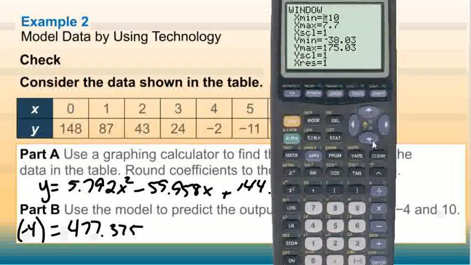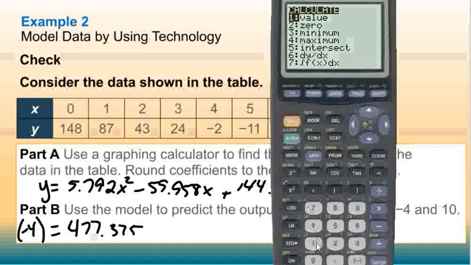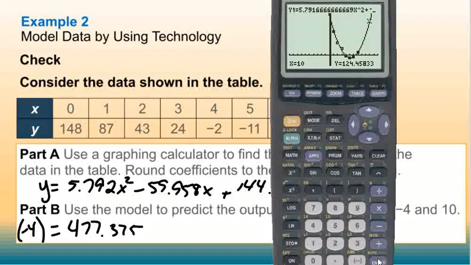To maximum, let's make that 12 just so we can see it. Okay, now second trace number 1, 10 gives us 124. When we put a 10 in here, we get 124.458.